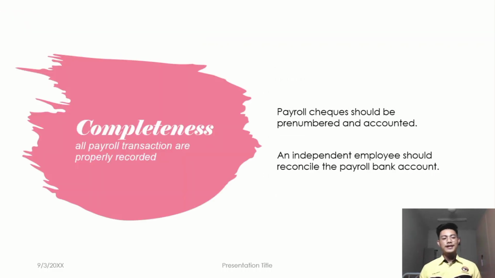We move to the second internal control objective, which is completeness. Completeness can be defined as all payroll transactions are properly recorded. The specific procedure is that payroll checks should be pre-numbered and accounted for. An independent employee should reconcile the payroll bank account.